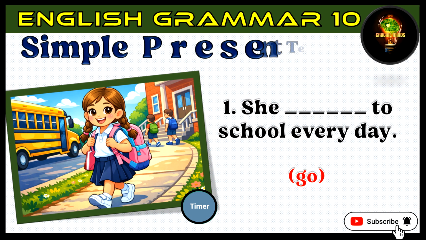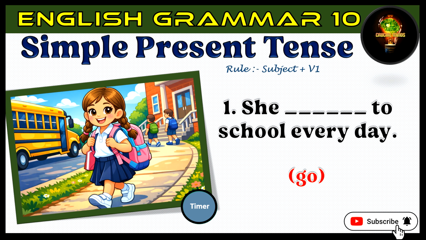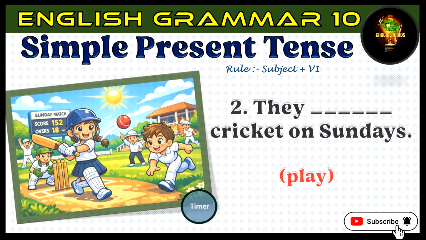Now, let's start with simple present tense. Question number 1, she dash to school every day. She goes to school every day. Question number 2, they dash cricket on Sundays.